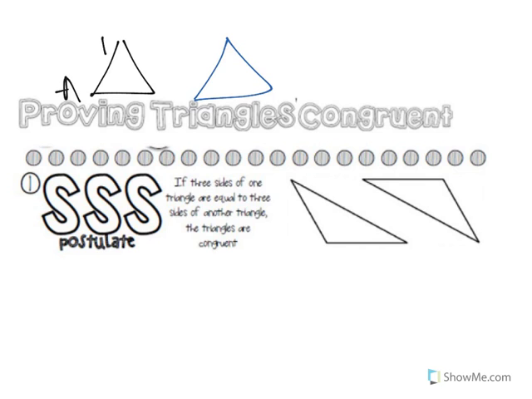I'll say this is A, B, C, and this will be D, E, F. Now if these angles are all congruent, and the sides here are congruent, then we're told that these two triangles are congruent.